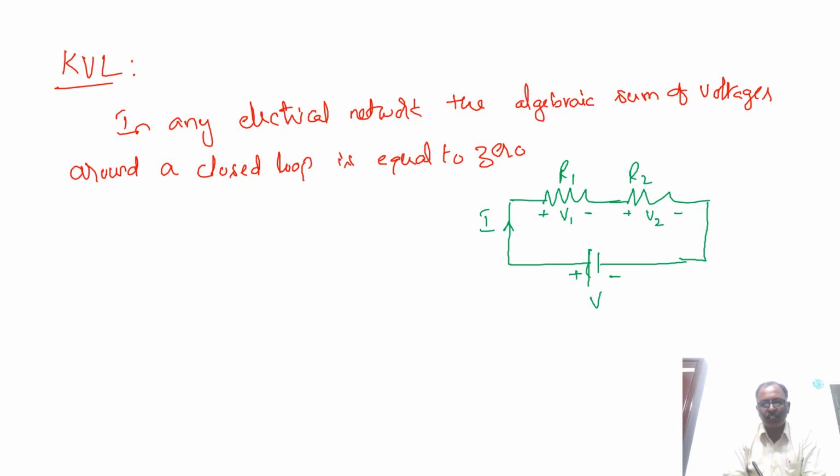The current entering the terminal is taken as positive for the voltage drop, and the current leaving the terminal in the resistance is taken as negative polarity for the voltage drop.